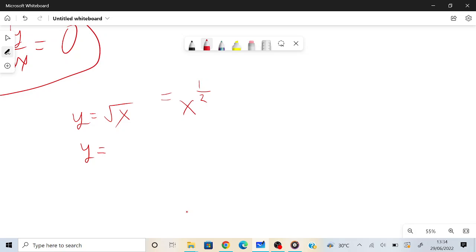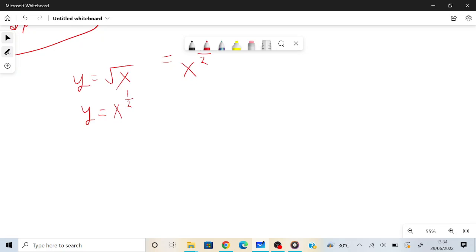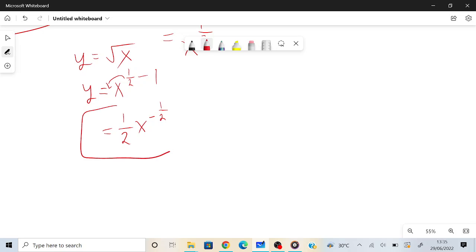What we need to differentiate is x to the power of 1 over 2. Now again, using the ground foundation rule, we know that this 1 over 2 will now go in front and the power will be subtracted by 1. So this becomes 1 over 2 x to the power of 1 over 2 minus 1, and that is minus 1 over 2. You could go ahead and simplify this even further, but for this video I'll just leave it as it is right here because I think this is enough to get you your marks.